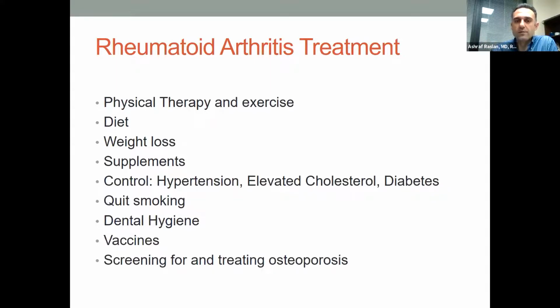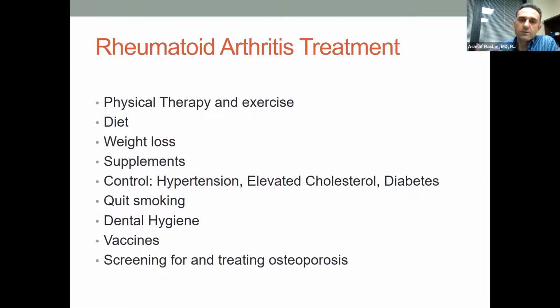These exercises should be done on a regular basis. They have many, many benefits in rheumatoid arthritis. The benefits include improving joint health and muscle strength. They could also improve sleep, improve mood and have some psychological benefits, and they could improve digestion.